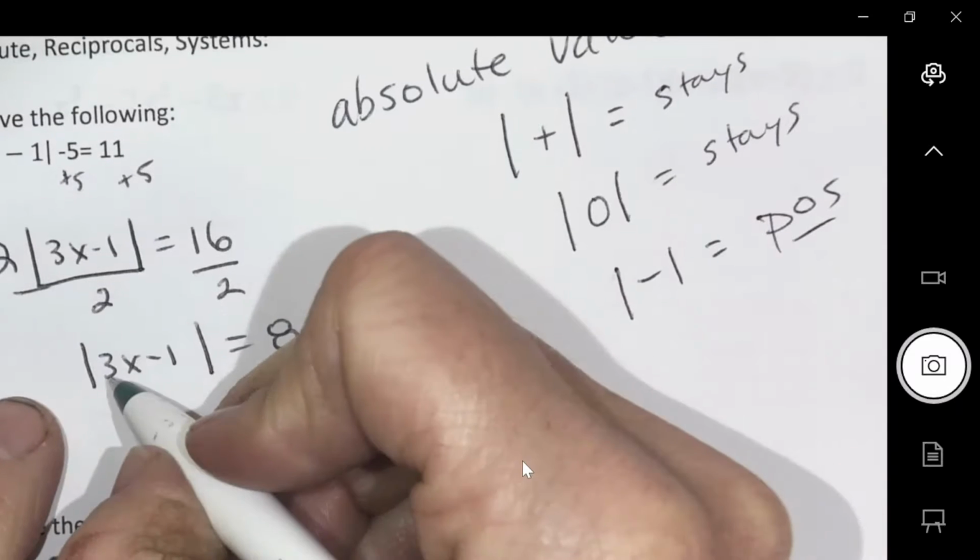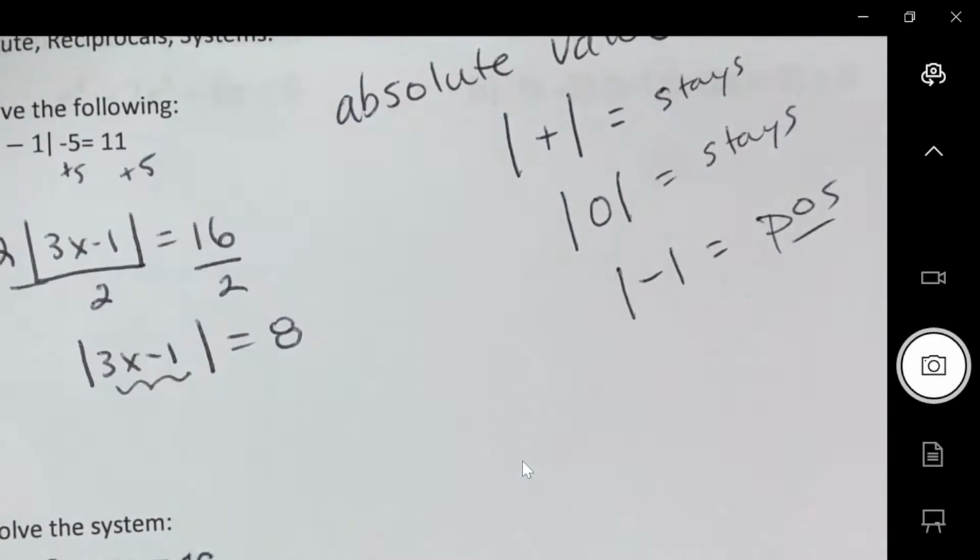Okay, so now I'm ready to say, what could I have had inside those brackets? I could have had an 8 or a negative 8, right? Because the absolute of 8 gives me 8, the absolute of negative 8 gives me 8.